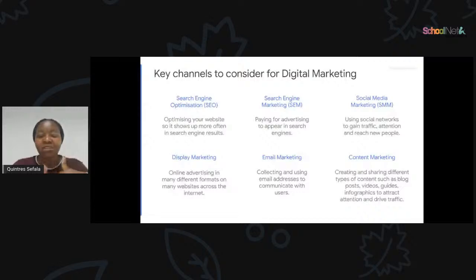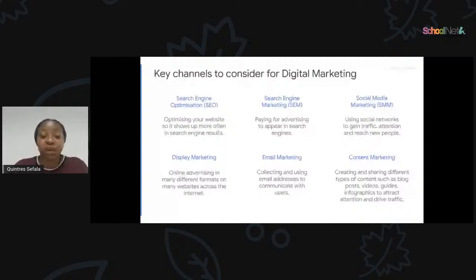And then we have social media marketing. So social media marketing is basically us using our social media networks to gain traffic, attention, as well as reach new people. This way we look at what we put out there for our customers and how we use these posts that are most relevant to them or to that specific target audience.